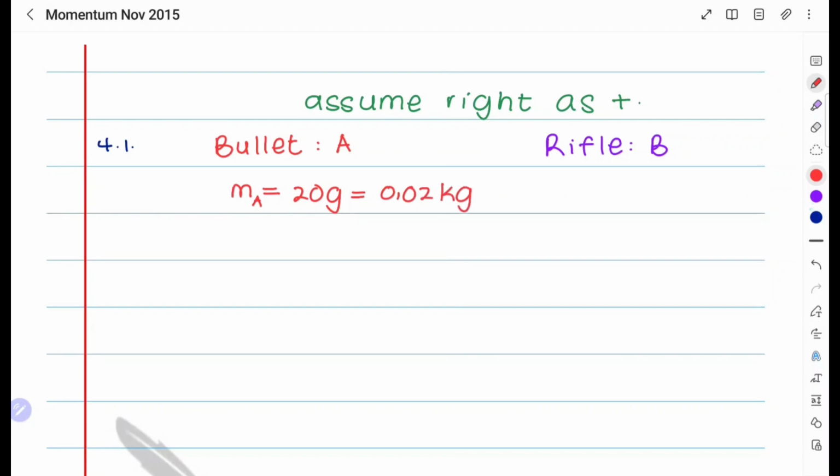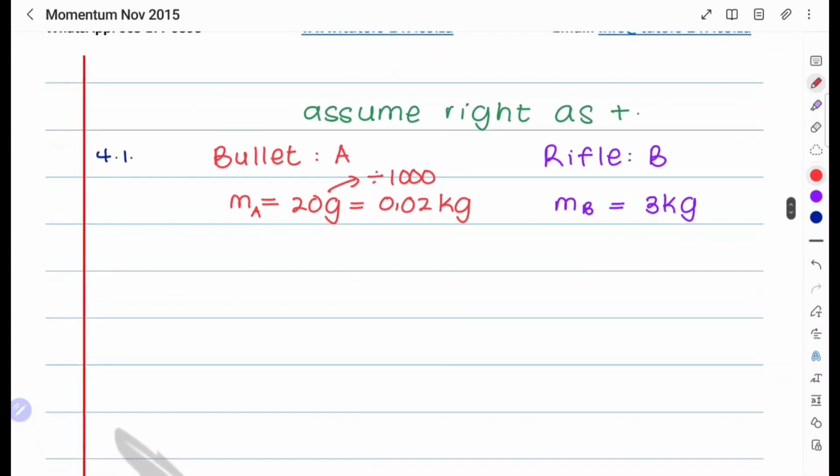Take note that you have to divide by 1,000. We then know that the mass of the rifle is 3 kgs.